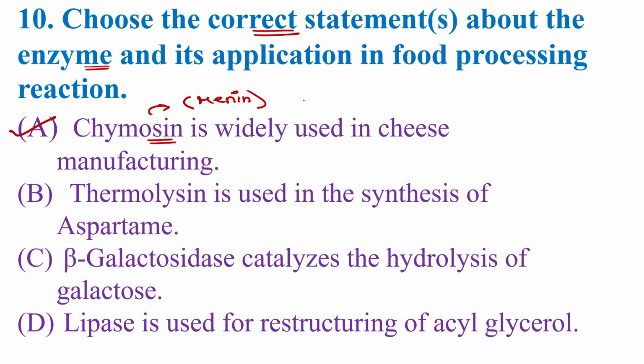Next, thermolysin is used in the synthesis of aspartame. So this is also true since this thermolysin, it catalyzes the peptide bond formation, and it is used industrially to make the artificial sweeteners like the aspartame. So this is also true.